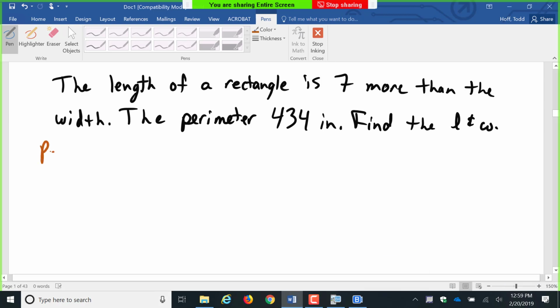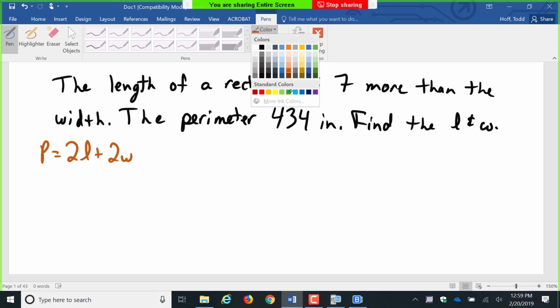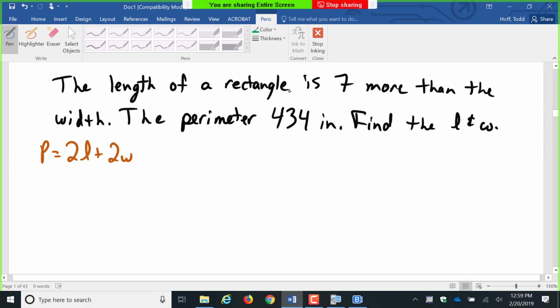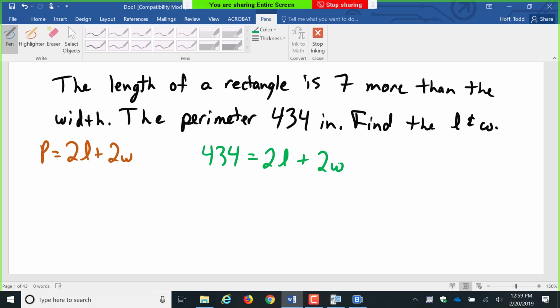So our formula for perimeter, P equals 2L plus 2W. That's going to become what? Yeah, 434 equals 2L plus 2W. Good. What's our second equation going to be? L equals W plus 7.